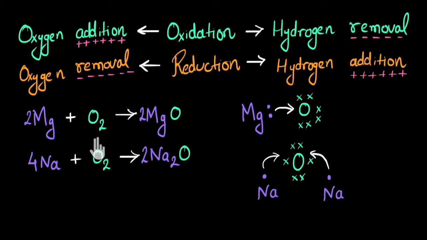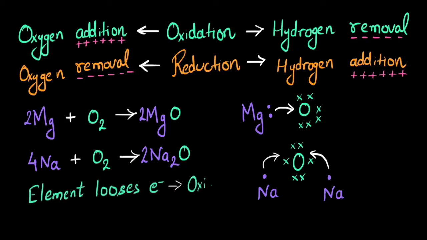So this helped us upgrade our definition of oxidation. We no longer depend on oxygen. As long as in a reaction an element is losing electrons, we see that element is going through oxidation. It could be doing so because of any reason: oxygen, hydrogen, sulfur, nitrogen, any other compound. As long as it loses electrons, we will call it oxidation.